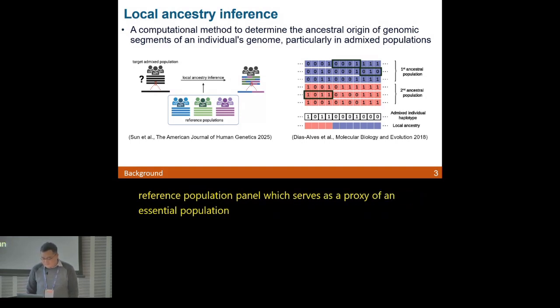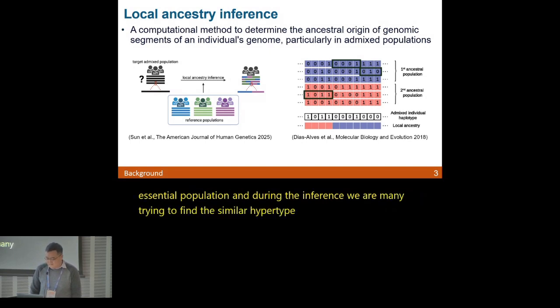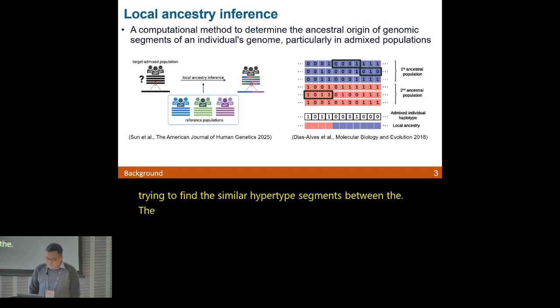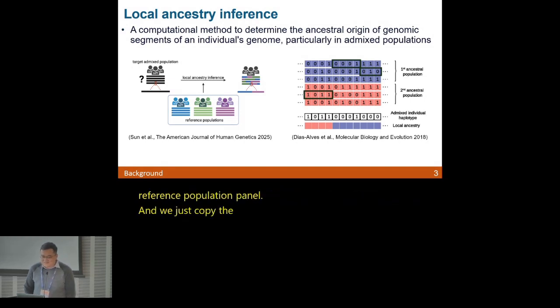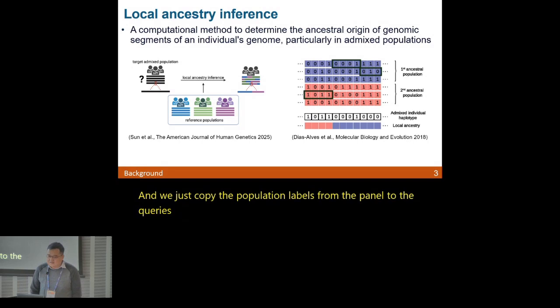During the inference, we mainly try to find similar haplotype segments between the mixed haplotype query and the haplotypes in the reference population panel. Then we copy the ancestral population labels from the panel to the queries, which can be viewed as chromosome painting.